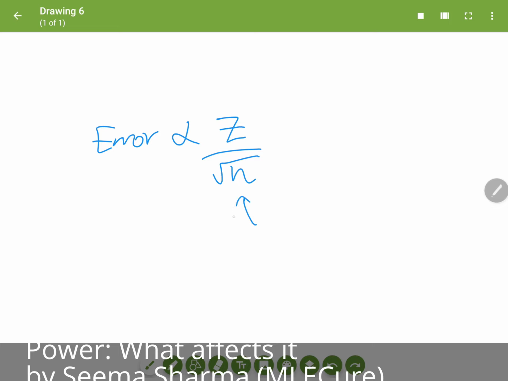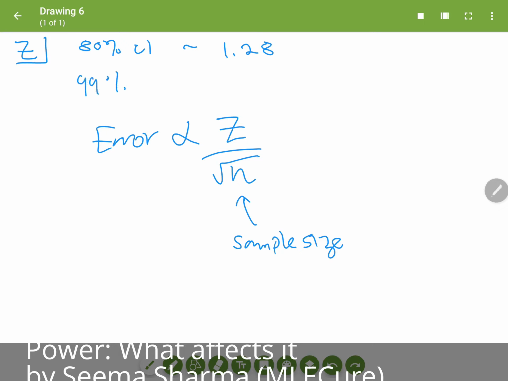This is n, which is the sample size, and z. Now, the z-score for each confidence interval varies like this. At an 80% confidence interval, you're going to have a 1.28 z. If you have a 99% confidence interval, it's going to be about 2.58. So as the confidence interval increases, the z increases, and therefore the error increases.